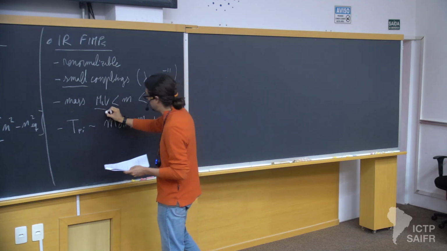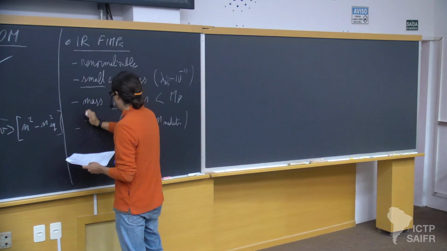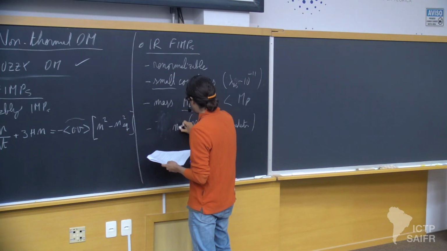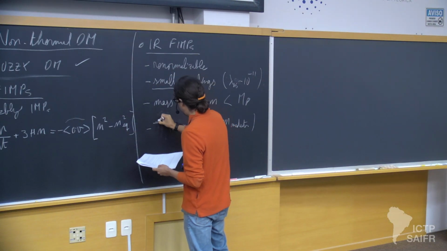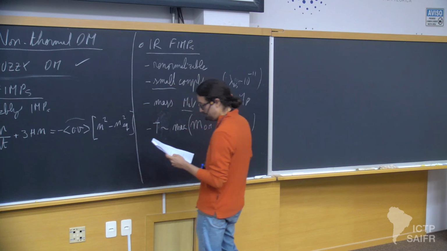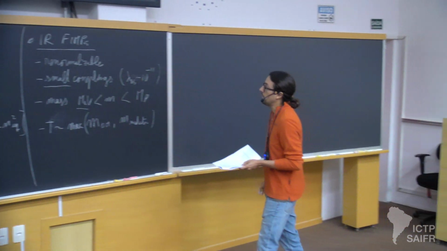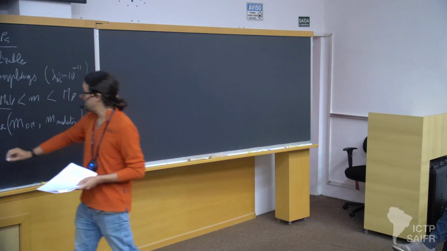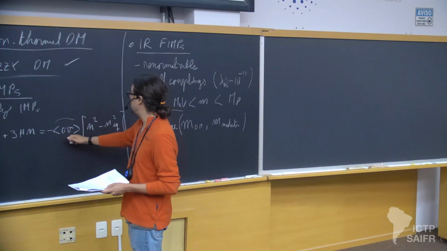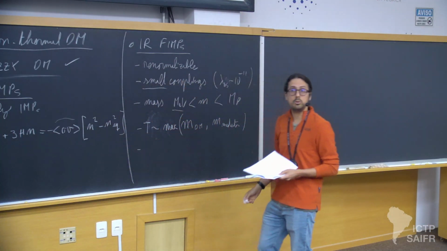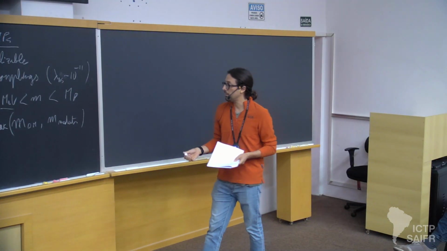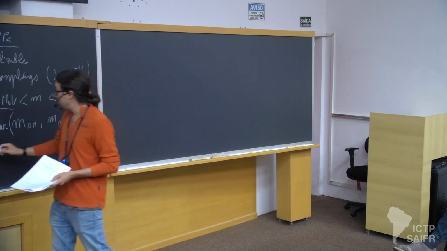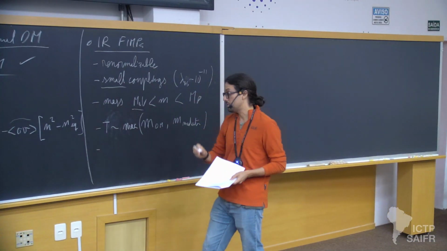Actually, it's the maximum of this. And also, here, dark matter is not thermal. That means that it will not reach thermal equilibrium. So that means that we'll have a dependence on the initial conditions.